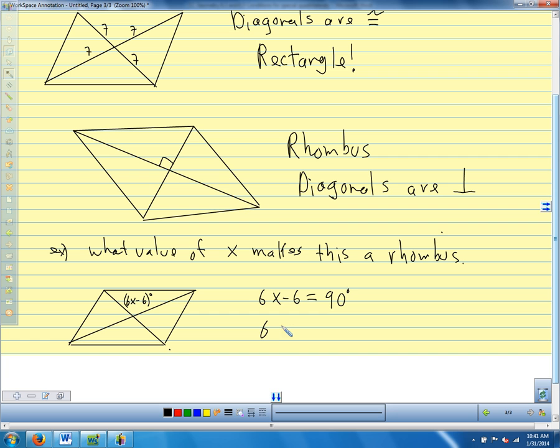So I'm going to add 6 on both sides. 6x equals 96, divide by 6, and x equals 16. So if x equals 16, that makes that a 90-degree angle, and that makes our parallelogram a rhombus. Questions on that example?